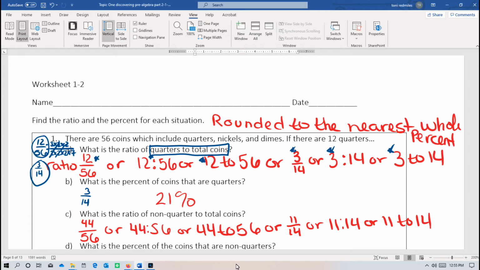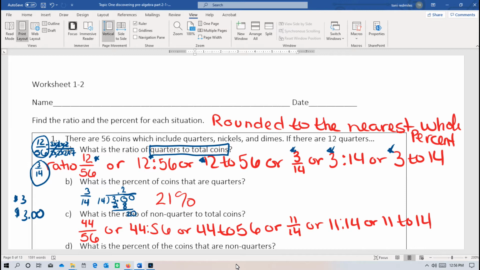All right, so to turn this into a percent, I have to divide the bottom into the top. 14 cannot go into 3, so I put my decimal and my 0. 14 can go into 30 2 times. That's going to be 28, giving me a remainder of 2. I can drop down as many zeros as I want because 3 is the same thing as 3.00, which is what I got going on here. They're equivalent values.